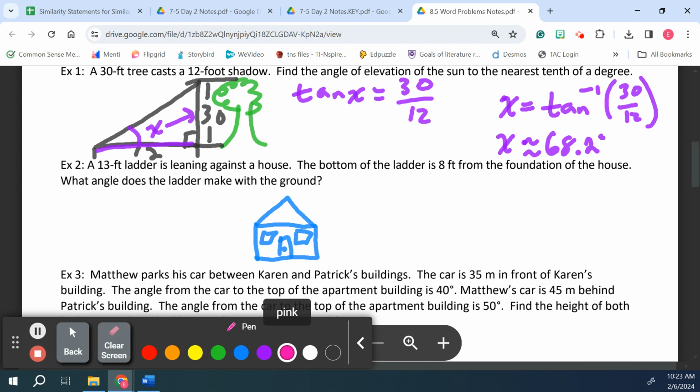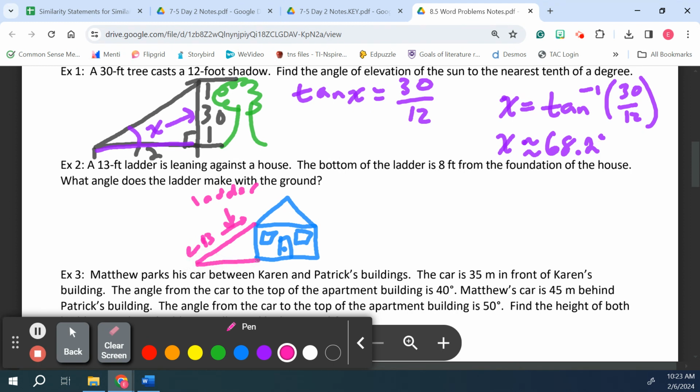All right, so there is a 13-foot ladder leaning against this house. So this is our ladder, and it's 13 feet. They're also telling me that this is 8 feet from the foundation of the house.